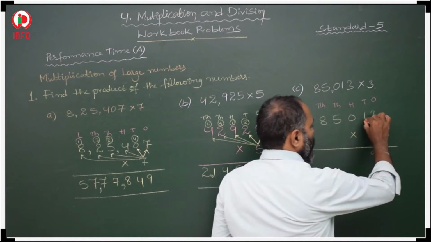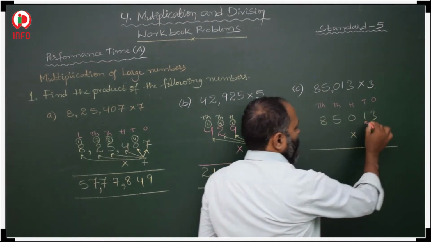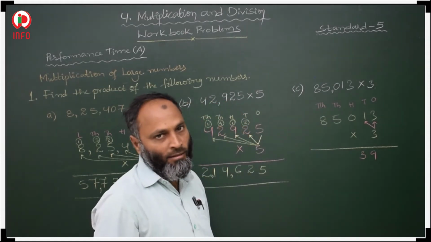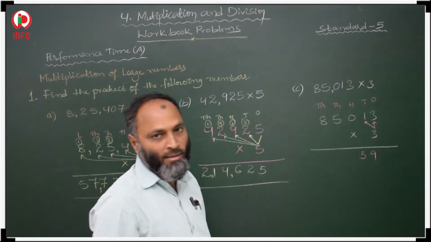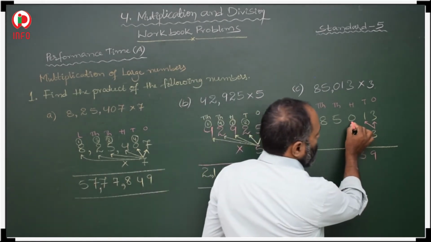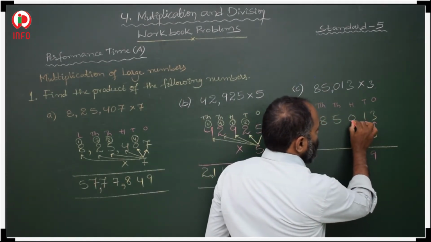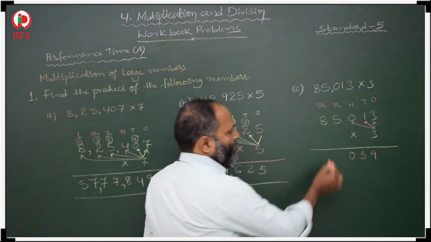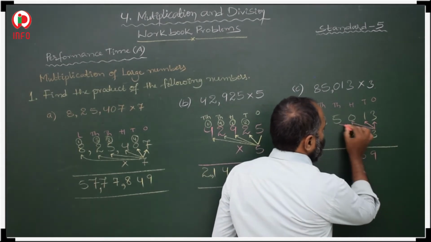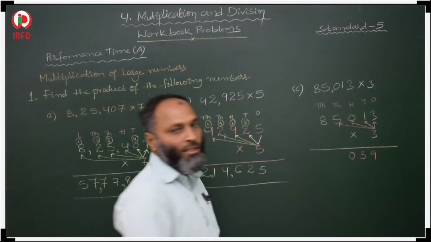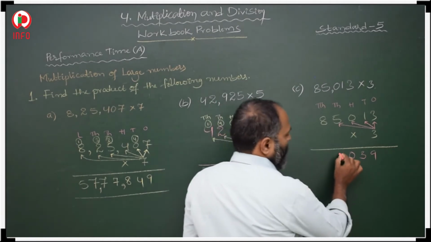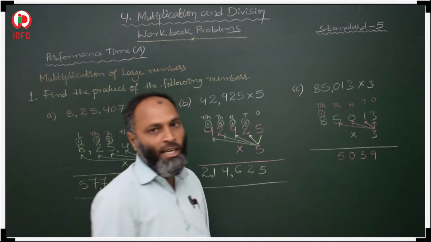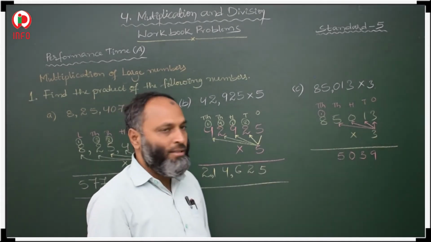Then 3 ones are 3, which means 3 tens. Again only a single digit. 3 zeros are 0. Next 3 with 5,000, 3 fives are 15,000. 15,000 means 5 in the thousands place and 1 carried over to the 10,000s place.